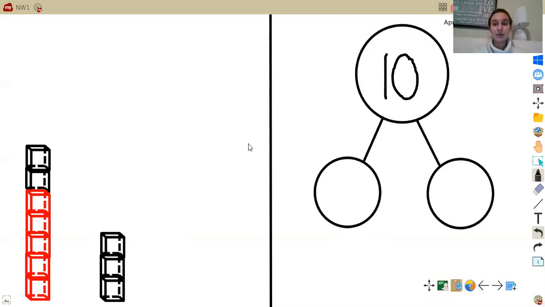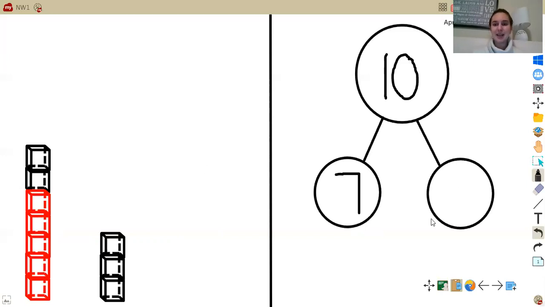Go ahead and count and fill in your number bond to represent your first part, or how many cubes are left over. Okay, let's see if you guys have the same answer as mine. 7. We had 7 cubes left over. 1, 2, 3, 4, 5, 6, 7.